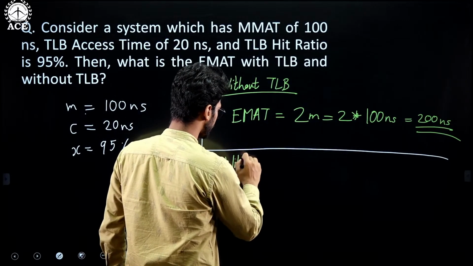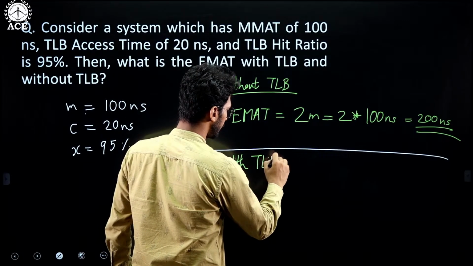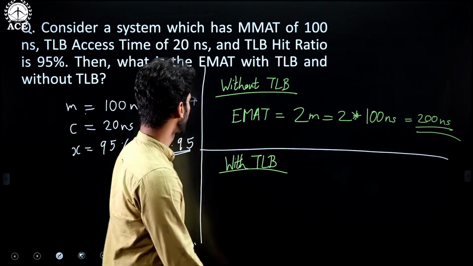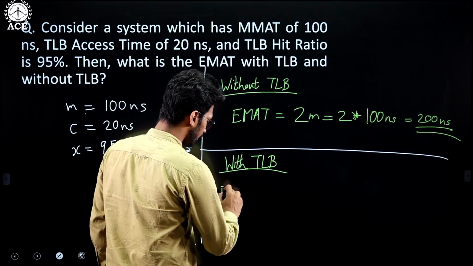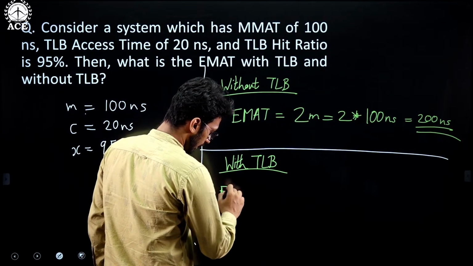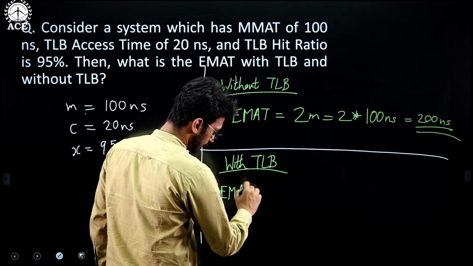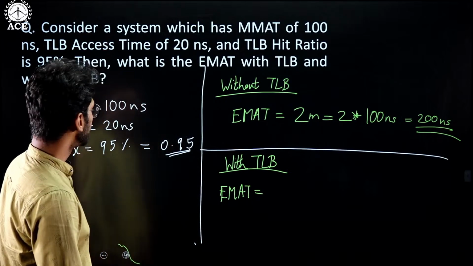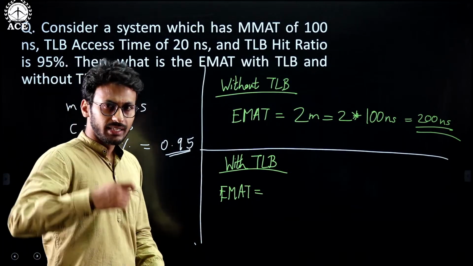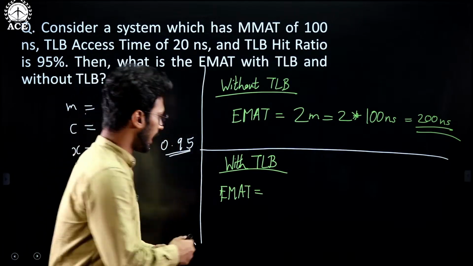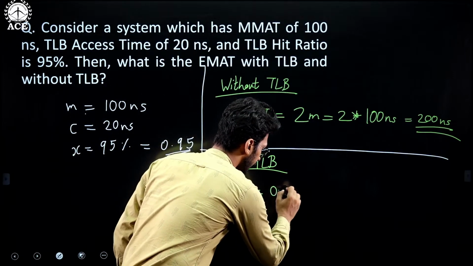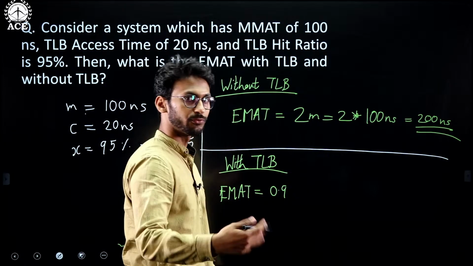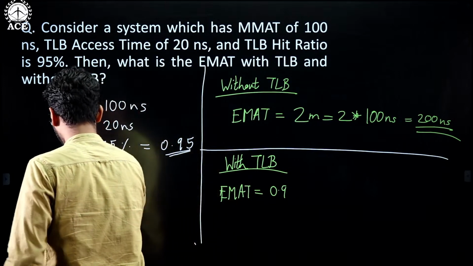Now see with TLB, what will happen? Effective memory access time, EMAT, equal to, what is effective memory access time? See, TLB hit ratio, take it X, what is it? 0.95. I think I should mention the formula first, then I'll put the values, that will be good.